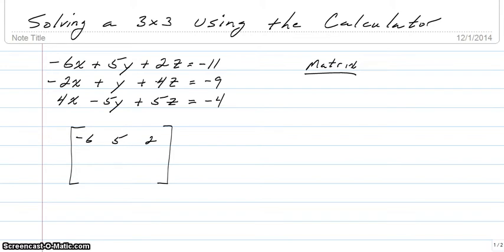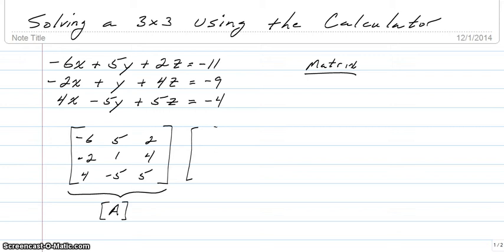Then we take the second row of coefficients. In this case, it's a -2, a 1, and a 4. And then we take the third row of coefficients, a 4, a -5, and a 5. And we're going to let this represent matrix A. We're going to multiply that matrix times variables x, y, and z.